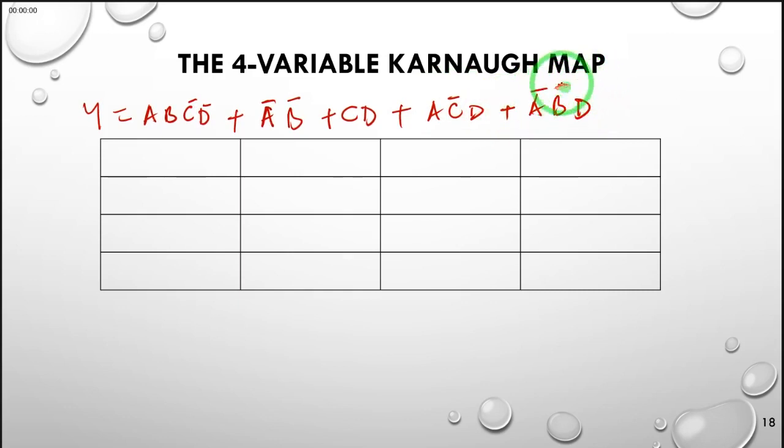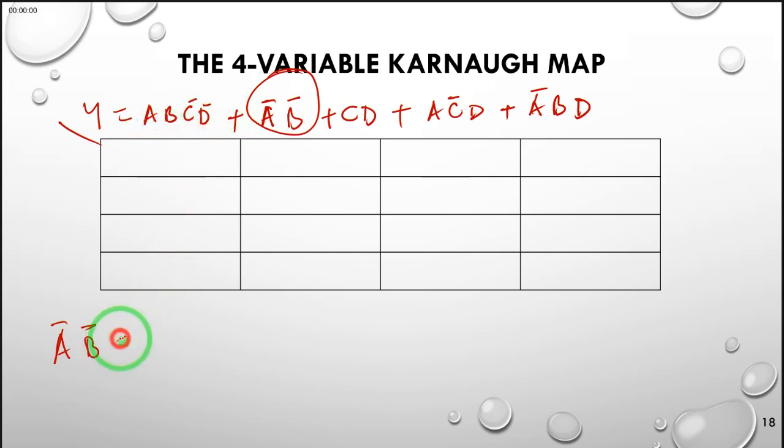So if you are given such a Boolean expression and you are told to represent it using the K-map, what you do is to make sure that you know what each of these variables represents, and when they are not represented in such a term, how can you represent such? For instance, whenever you find A bar B bar, you notice that there are two variables missing, because these are four variable expressions.